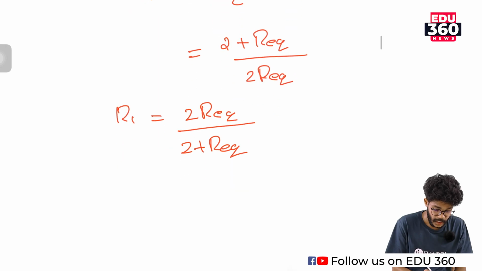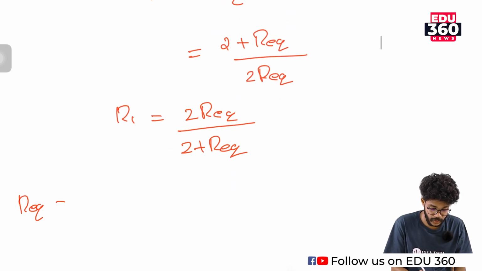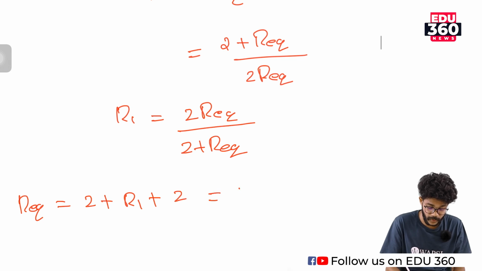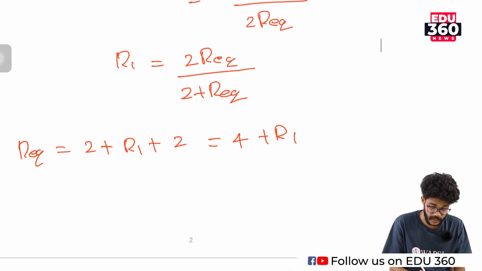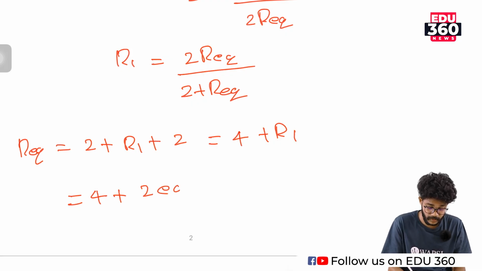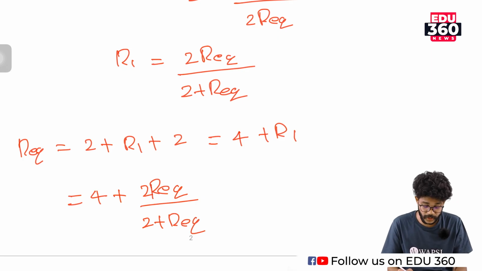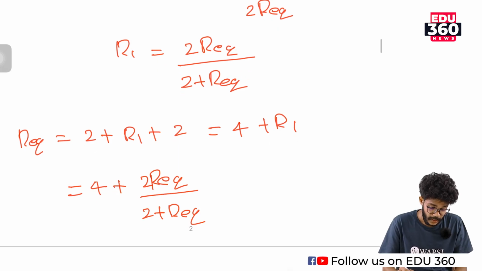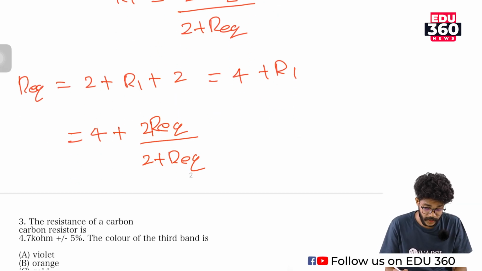So R equivalent is equal to 2 plus R1 plus 2, which is 4 plus R1, which is 4 plus 2 R equivalent divided by 2 plus R equivalent.